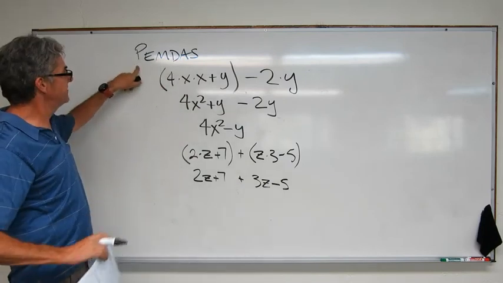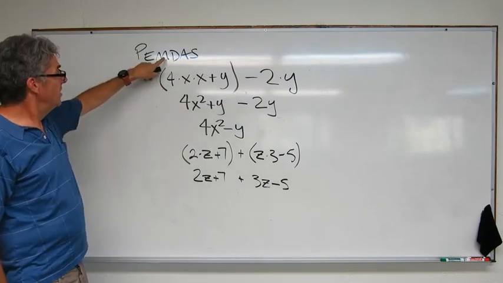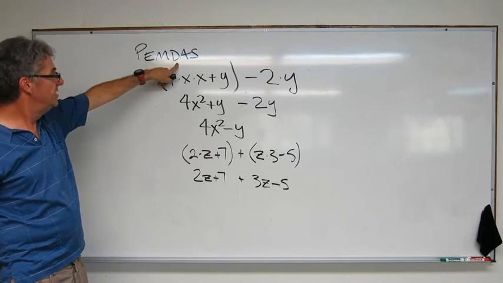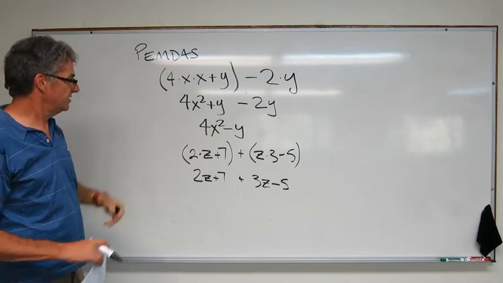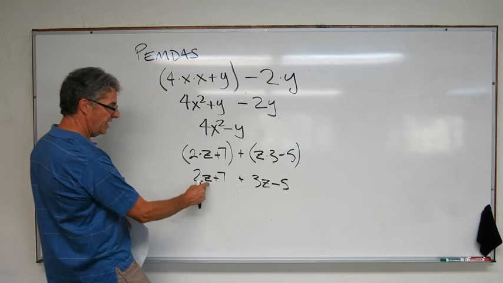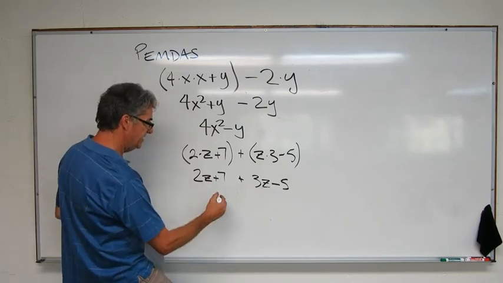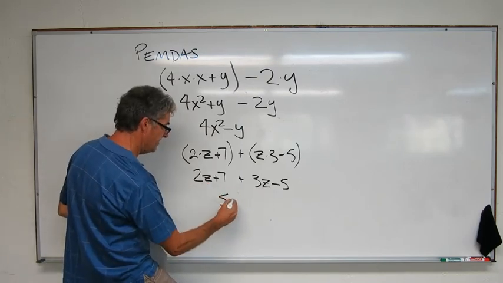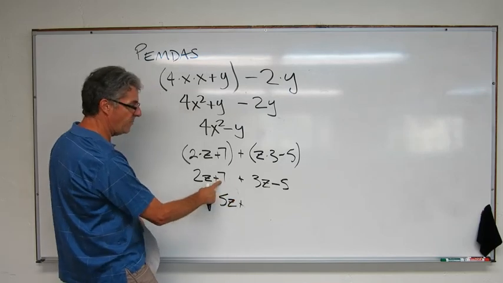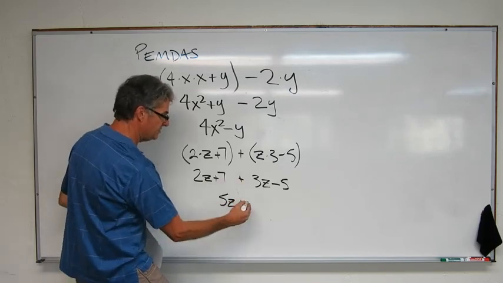So I did my parentheses, no exponents, there's no multiplication or division here, so now we're at addition and subtraction. So let's look at my addition. I have 2z's and 3z's. This gives me 5z plus, I have a positive 7 and a minus 5, so it's plus 2.